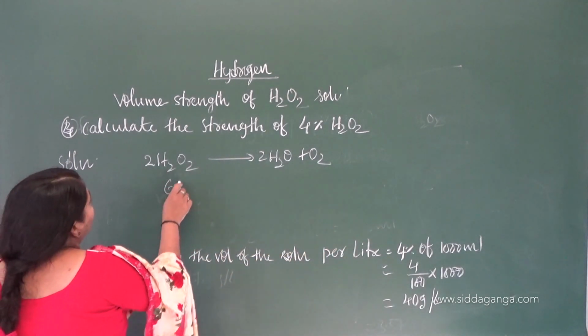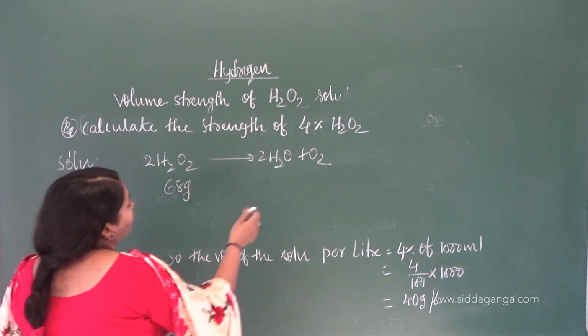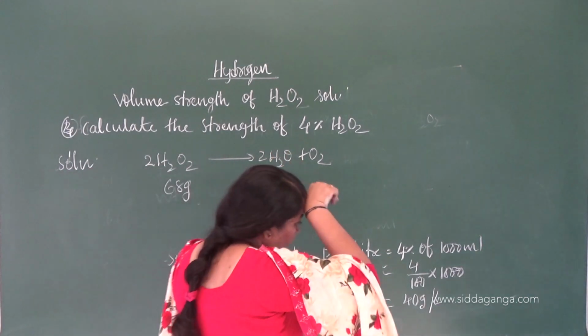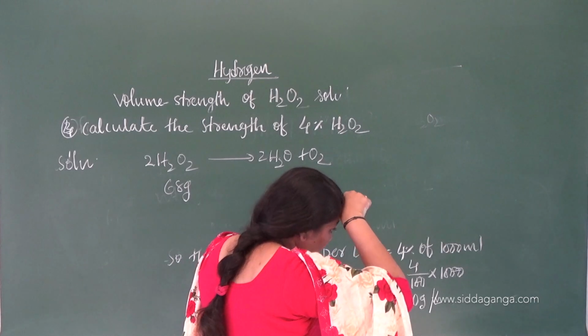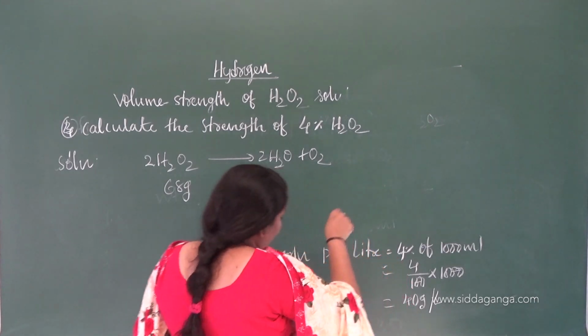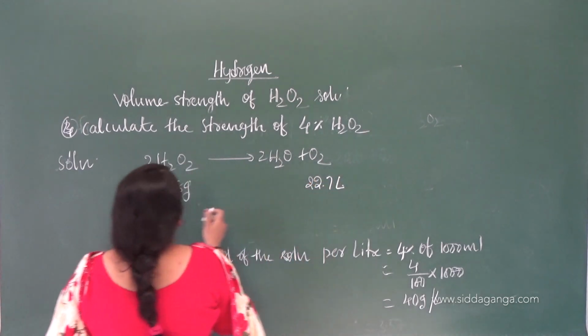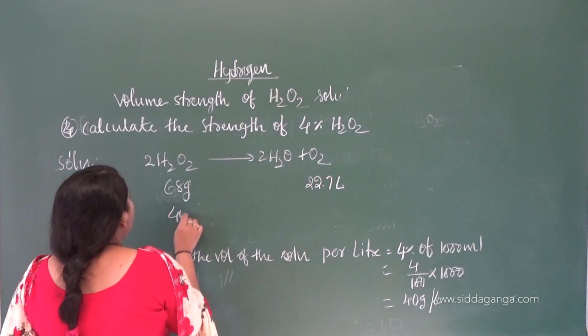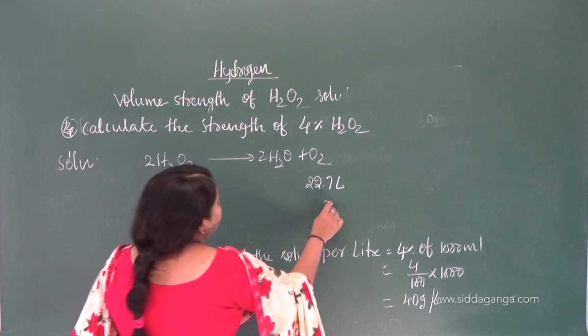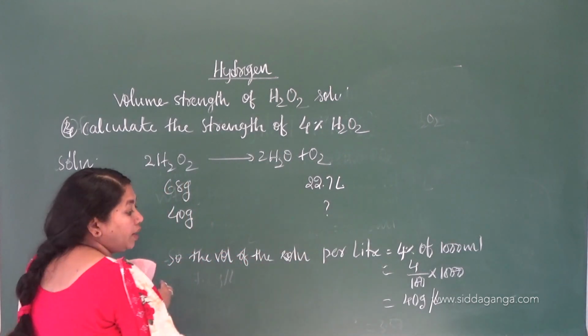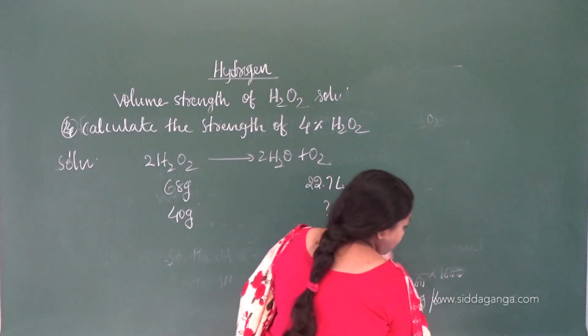So here again, 68 grams gives what volume? 22.7. From 68 grams you got 22.7 liters. So then how much do you have now? From 40 grams, how much will it be?